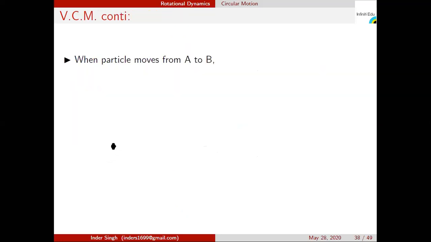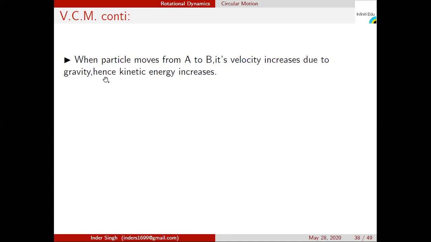Okay. So whenever a particle moves from A to B, that means top position to bottom position, its velocity increases. Why? Because of gravity. So since the velocity increases, kinetic energy will increase. So hence kinetic energy increases. ये आपने पिछले लेक्चर में पिछला वाला स्लाइड लिखा था, ओके, इसलिए मैंने उसको आगे कर दिया. Next is, on the other hand, the height is what, decreasing.